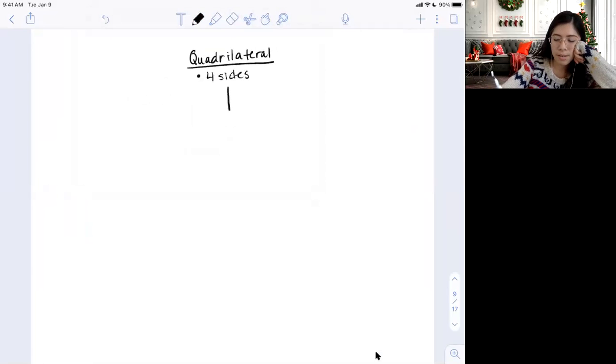Then we've got parallelograms. Parallelograms must have 4 sides because they are a quadrilateral, but what else must they have? It's also in the name.